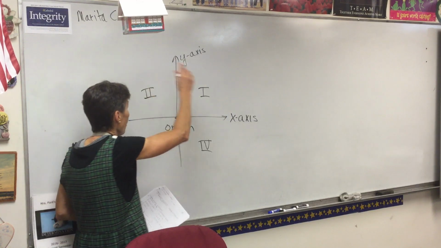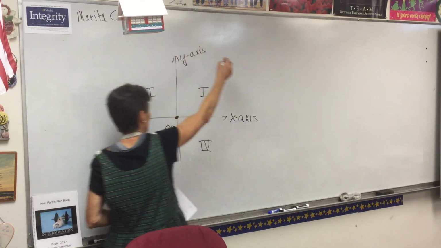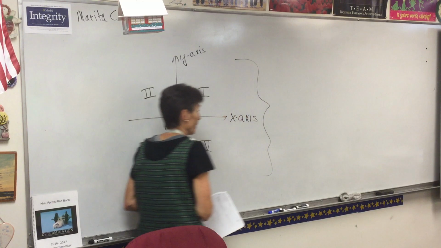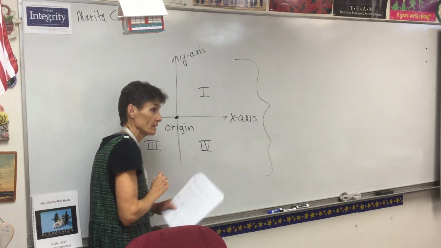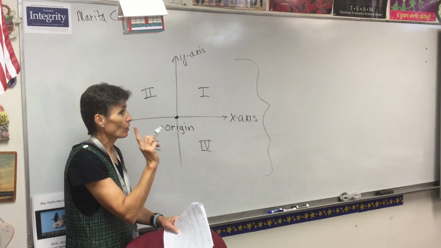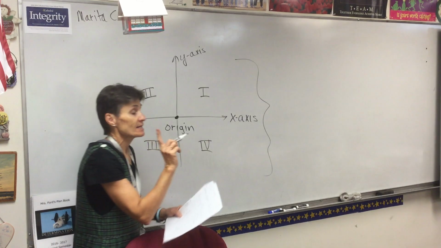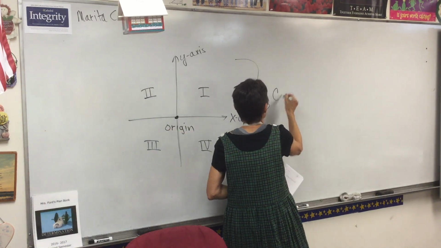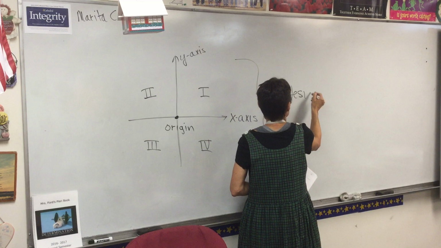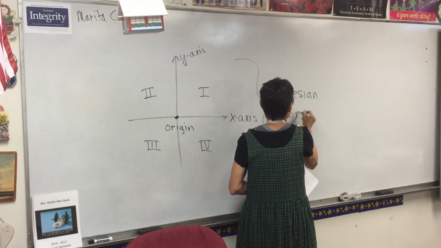Anybody know what this whole thing is called? Graph. Well, it certainly is. It's a coordinate plane. It's actually specifically called the Cartesian coordinate plane.